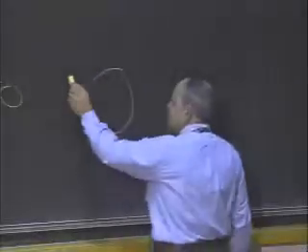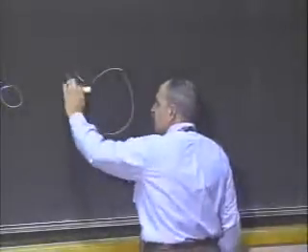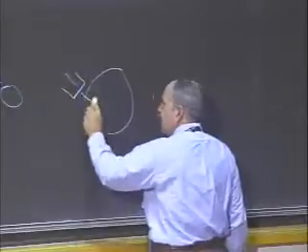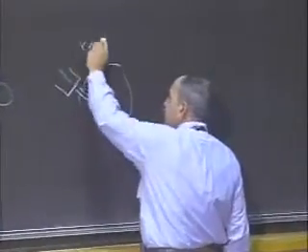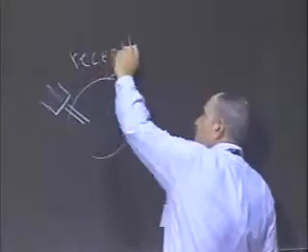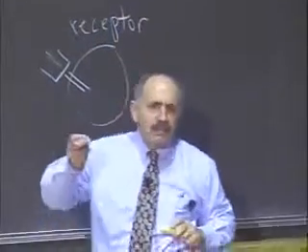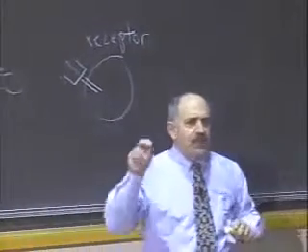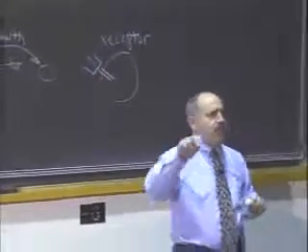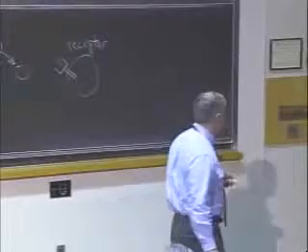In fact, if we want to blow up the second cell, it has on its surface a specific protein which is known as a receptor, or in this case we can say a growth factor receptor, which represents a means by which that cell senses the presence of a growth factor in the extracellular space.